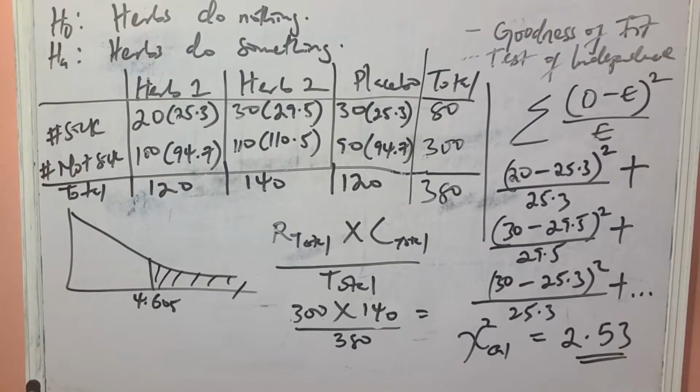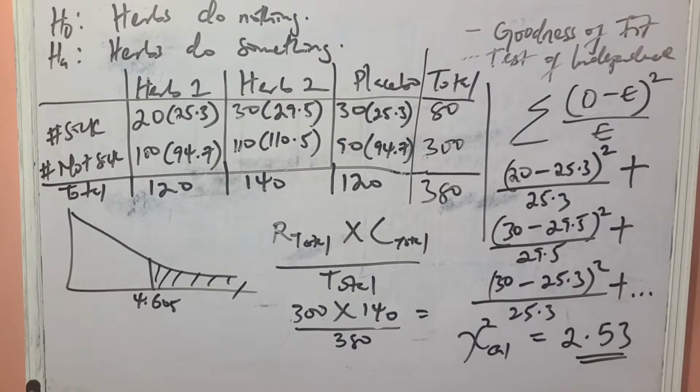So based on what we're solving, after pressing all this in the calculator, we were able to get 2.53, I guess, as the test statistics. All right. So just like every other testing, we got our test statistics to be 2.53.